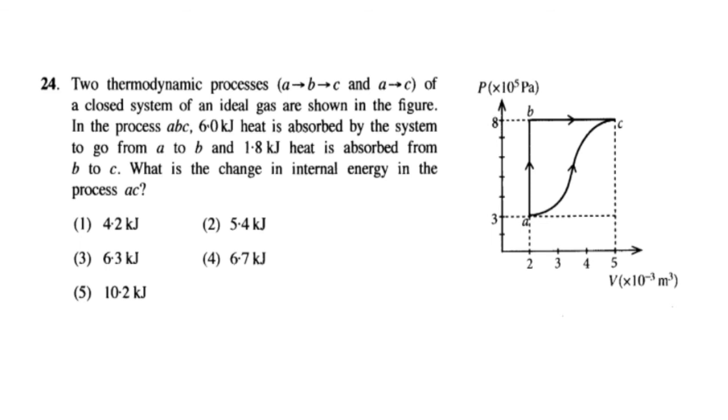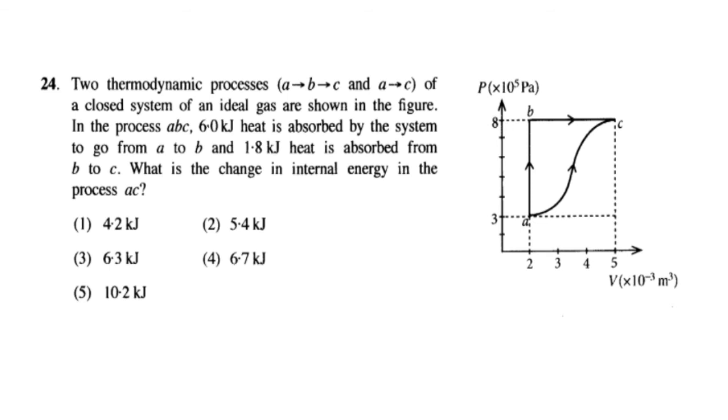Taking the first law of thermodynamics, which is delta Q equal delta U plus delta W, the heat absorbed in the process from A to B and B to C is 6 kilojoule plus 1.8 kilojoules.